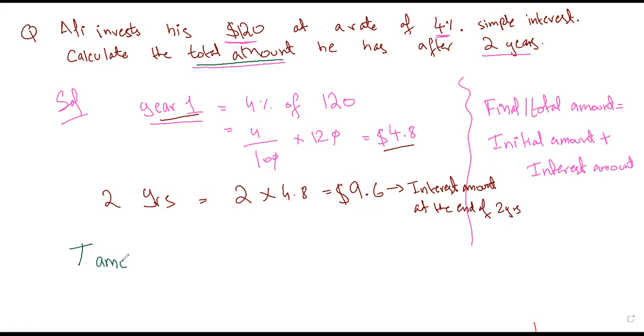Total amount equals this formula, initial amount, that is 120 plus the interest amount for 2 years, that would be $129.6. So this would be the amount. So did you understand this question completely?